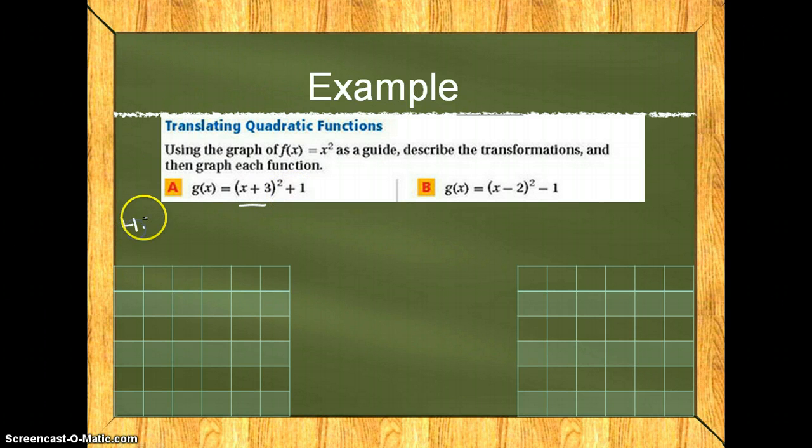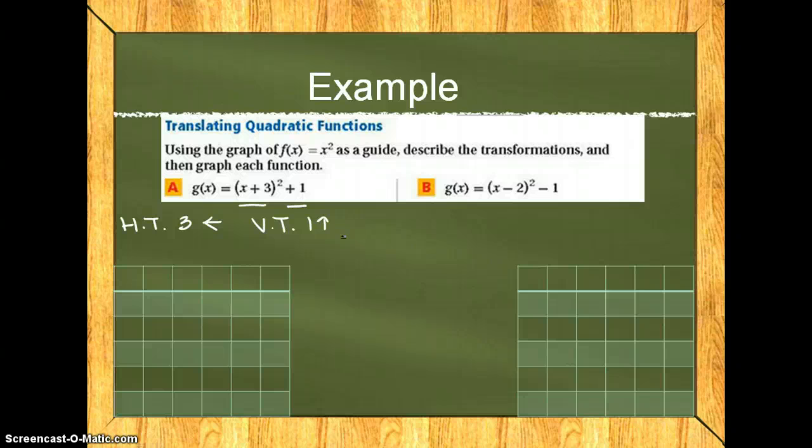So this would be a horizontal translation of 3 units to the left. The one on the outside is a vertical translation, and what you see is what you get, so it's 1 up, because it's +1.